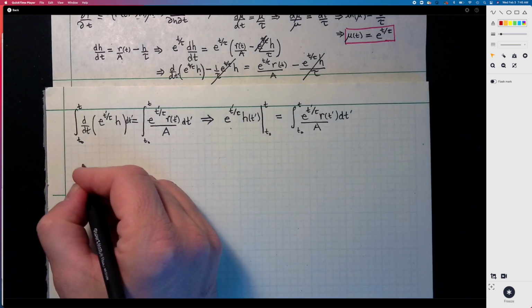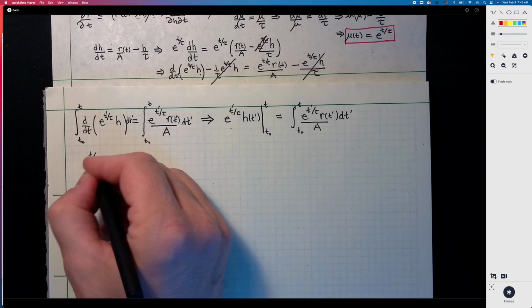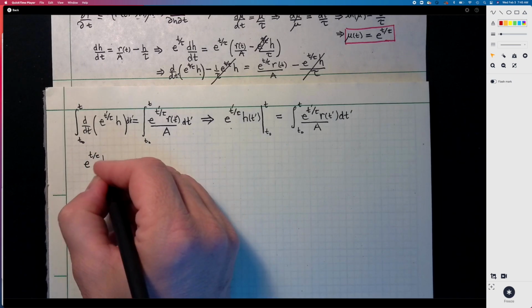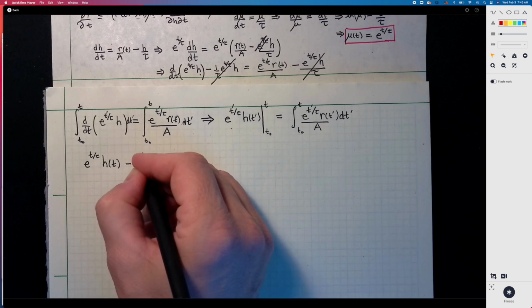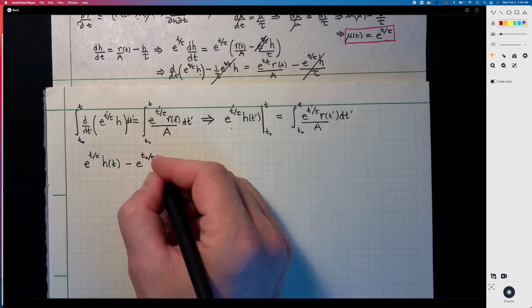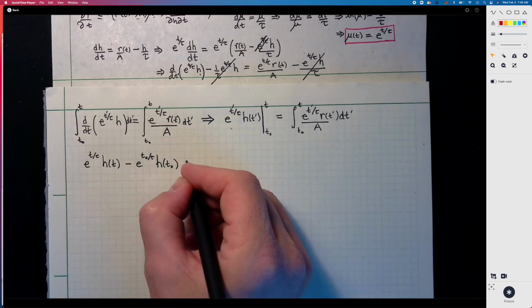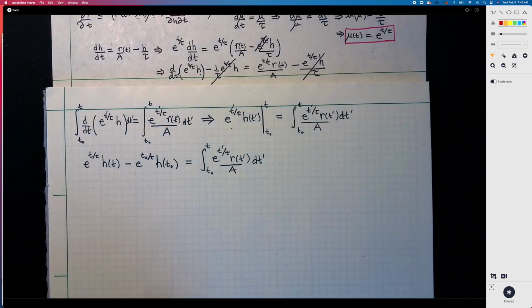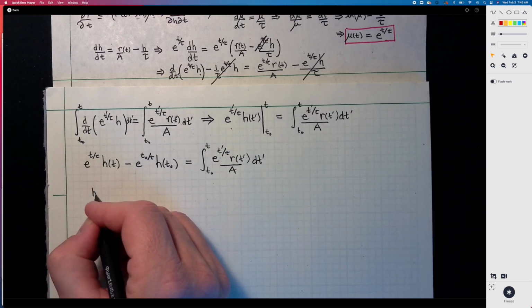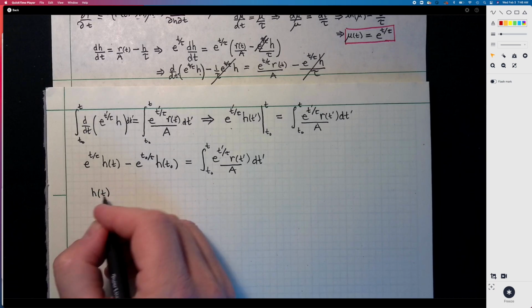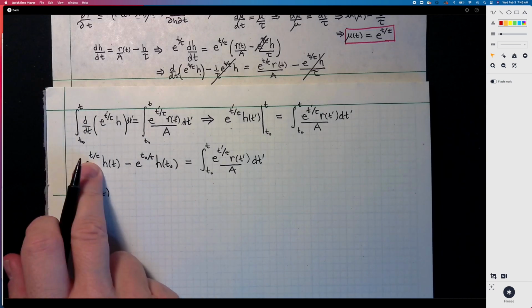So what I get is e to the t over tau h of t minus e to the t naught over tau h of t naught is equal to, and then rearranging some more, I get h of t, and I'll divide through by e to the t over tau.